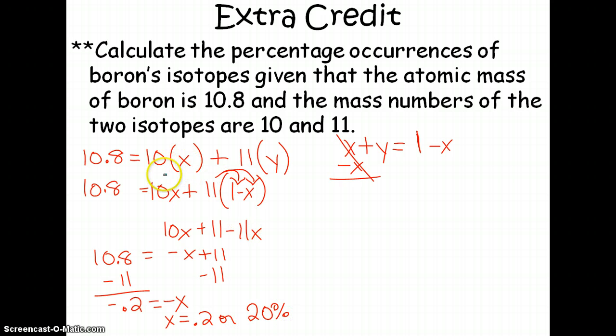So we have 20% of the isotope associated with x, which was boron 10. That means to get to 1 in decimal, that would be 0.8, or 100% in percentage form, that would be 80%. So 80% has got to be the other isotope, which is boron 11. That's how you would tackle that problem.